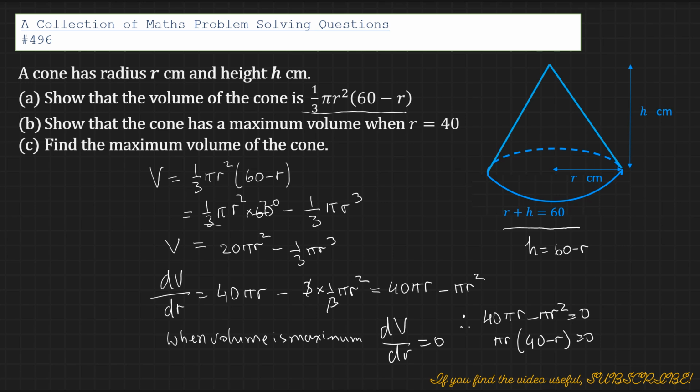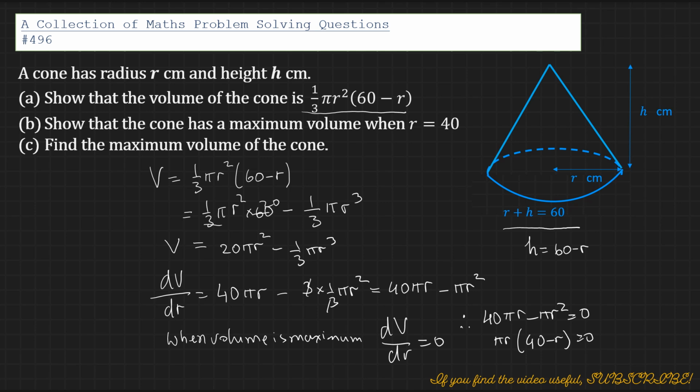Now r is not equal to 0, and pi is not 0, so pi r is not equal to 0. R could be 0, but then if r equals 0 there is no cone.